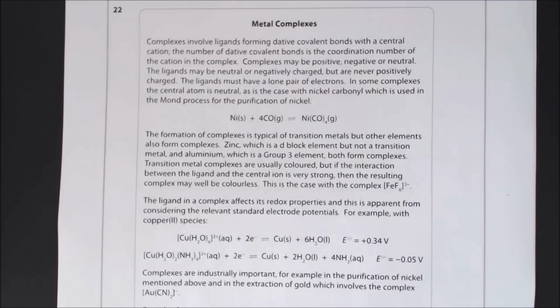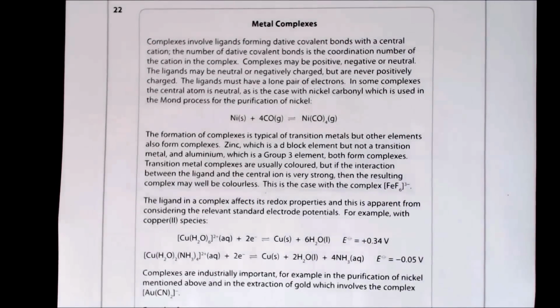Okay, so this is section C, question 22. It's given us quite a bit of information, and it's about metal complexes. So let's have a quick scan through this. It says complexes involve ligands forming dative covalent bonds with a central cation, and the number of dative covalent bonds is the coordination number of the cation in the complex.